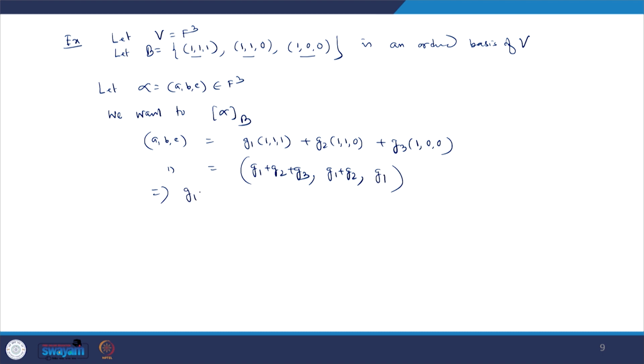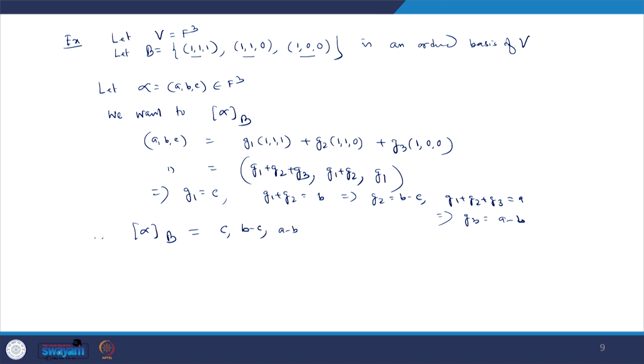This implies g1 equals c, and g1 plus g2 equals b implies g2 is equal to b minus c, and we have g1 plus g2 plus g3 equal to a. So, this implies g3 is equal to a minus b. So, the coordinate matrix of alpha with respect to B will be (c, b minus c, a minus b) transpose.